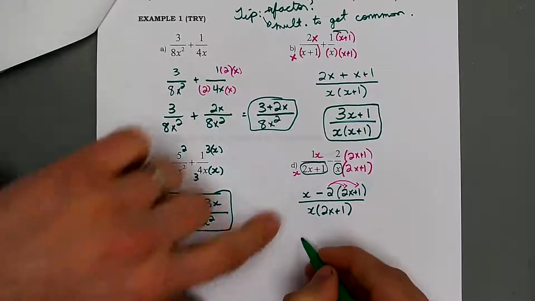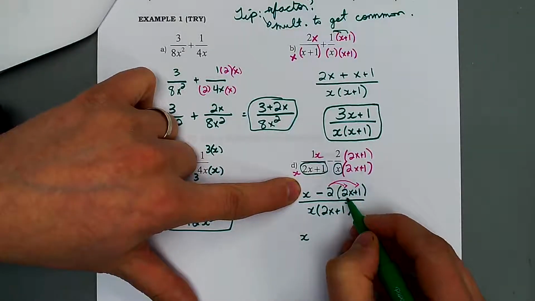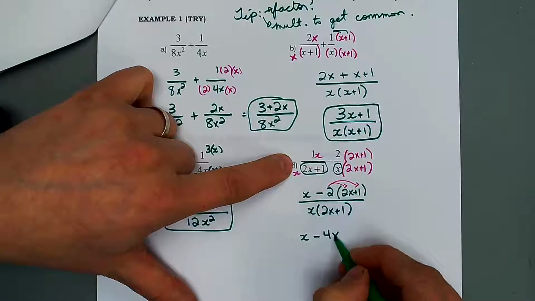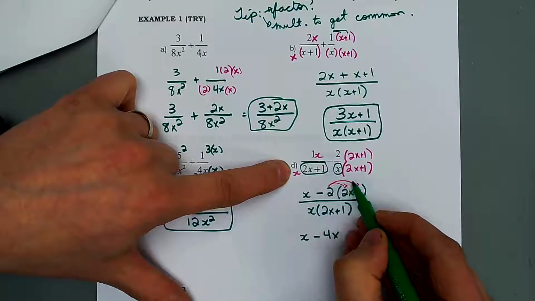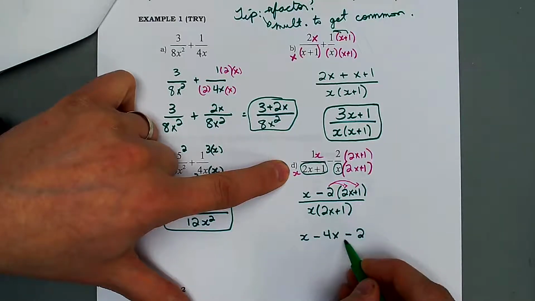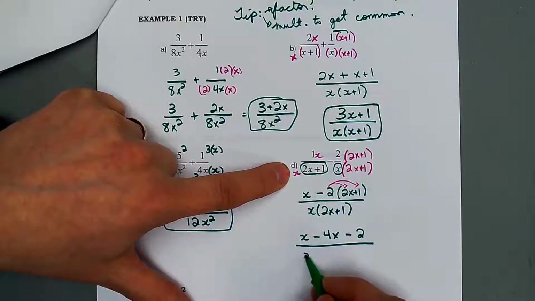So on the very, very top, we've got an x subtracting a 4x, 2 times 2x. So subtracting a 4x, but we're also going to put this negative 2 times the 1 and say minus 2. Often people will forget to call this a negative 2, and that's a very common mistake.